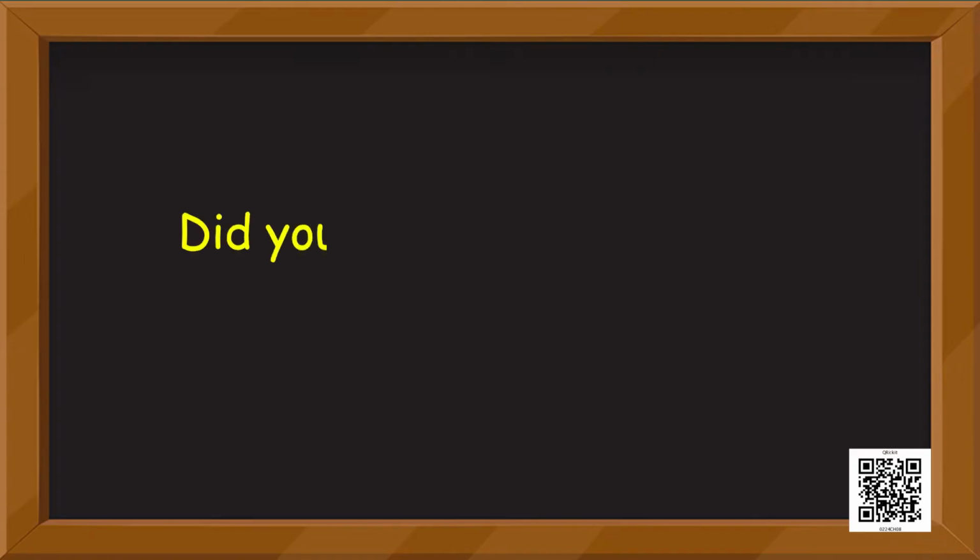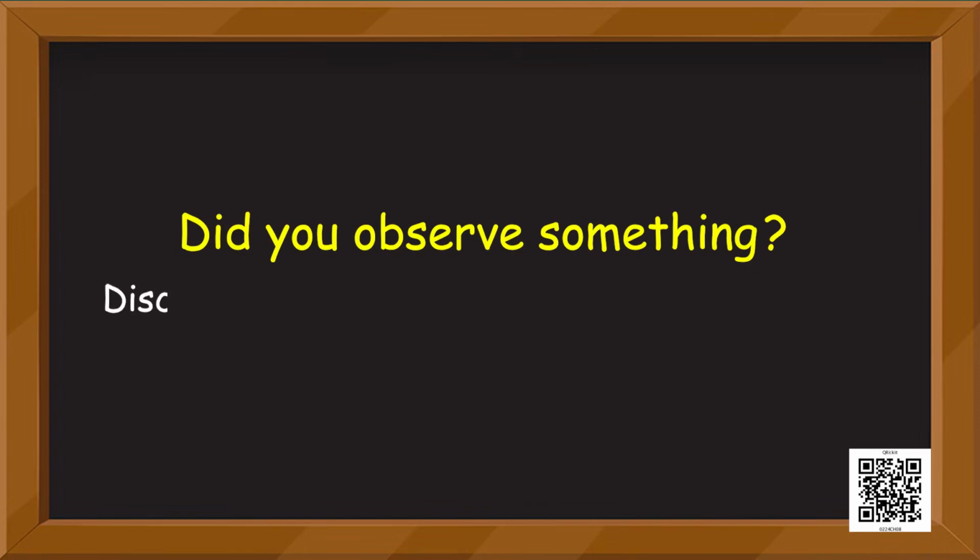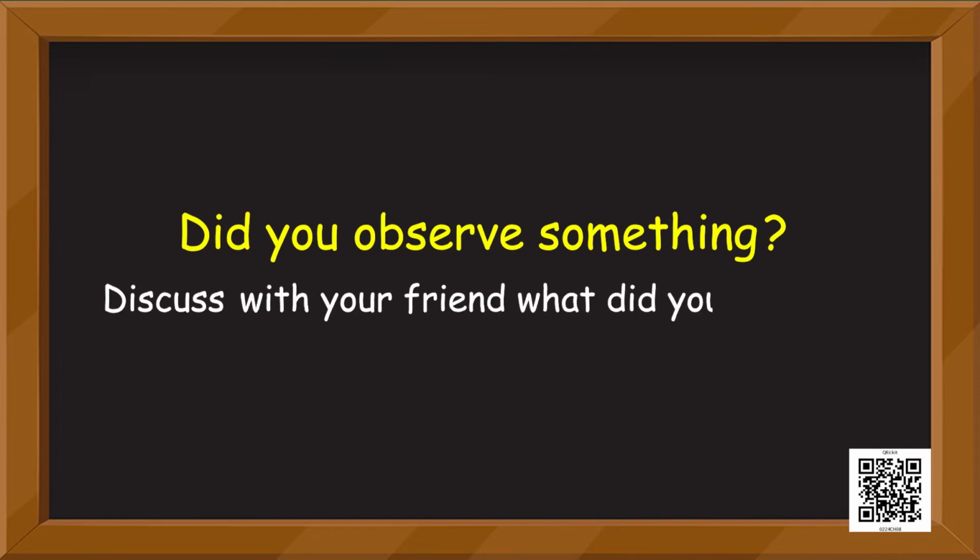Now, tell me one thing. Did you observe something? Discuss with your friend, what did you observe? Even though Ram had 4 bouquets and Gopal had 3 bouquets, the total number of flowers is same.